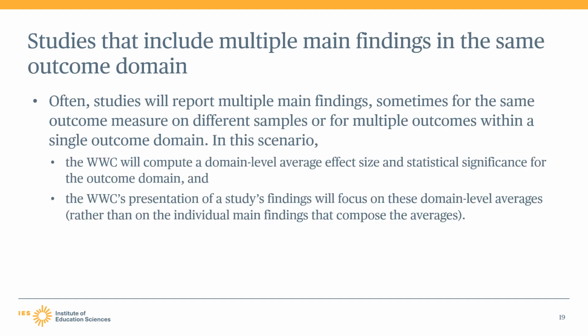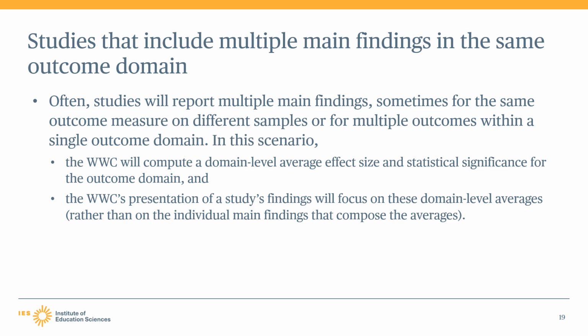Sometimes studies will report multiple main findings in the same outcome domain. If study authors report multiple main findings that meet WWC standards within an outcome domain, the WWC will compute a domain-level average effect size, and the WWC will calculate the statistical significance for that domain-level average effect size.